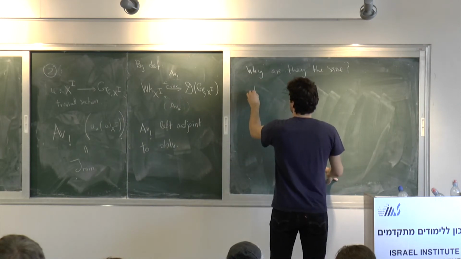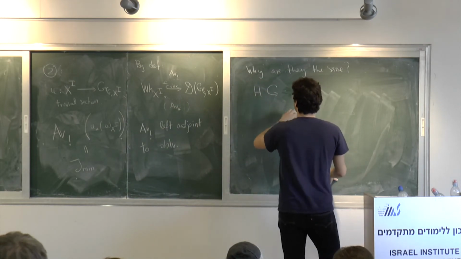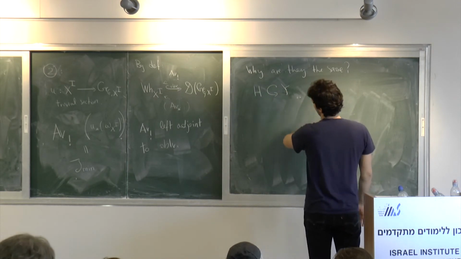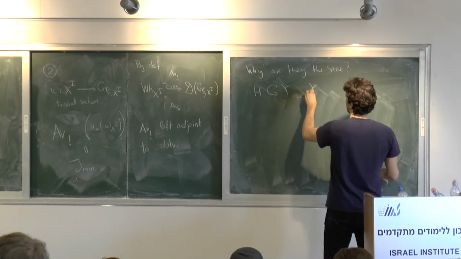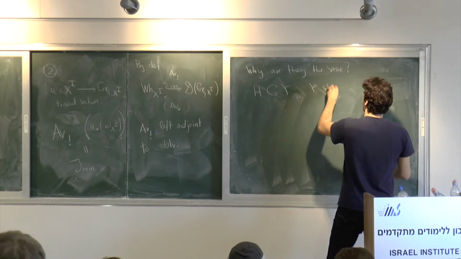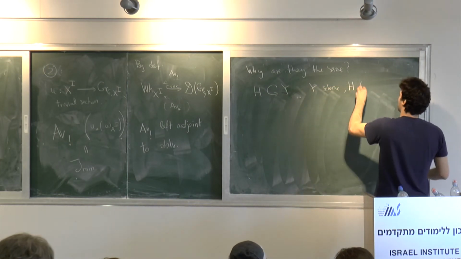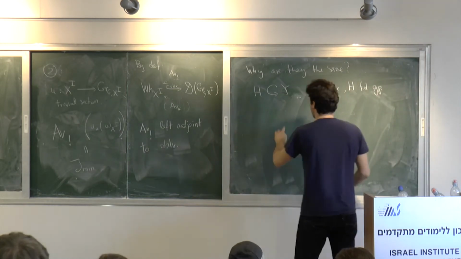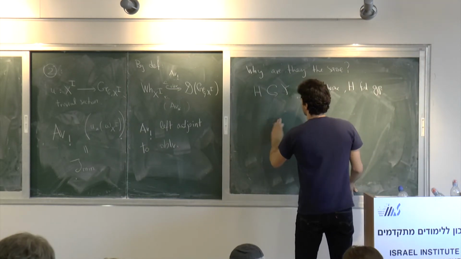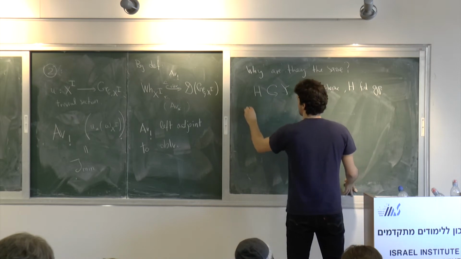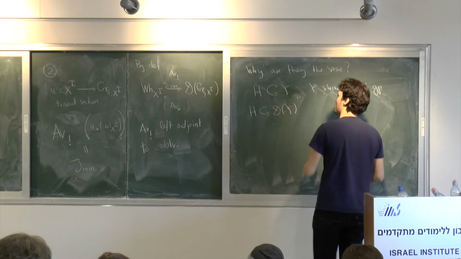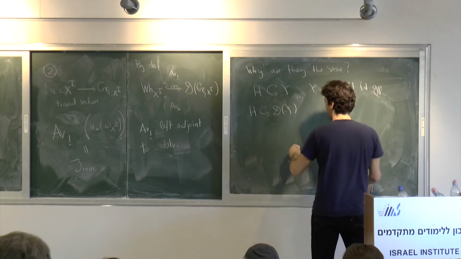Say H is an affine algebraic group acting on Y, where Y is a scheme, everything finite type. On one hand, this action yields an action of H on the D-modules on Y.